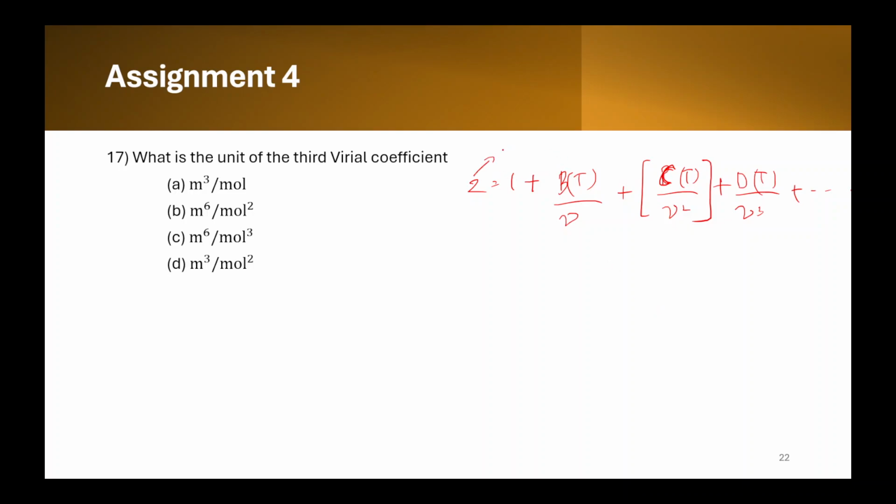Compressibility factor is unitless because it is PV by RT. So this will have the same unit as this. So nu square is meter cube per mole whole square. So meter 6 by mole square. So the correct answer here is B part.